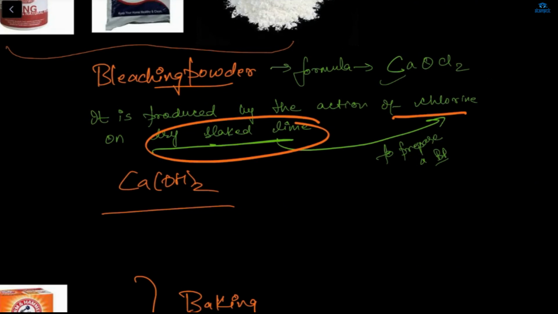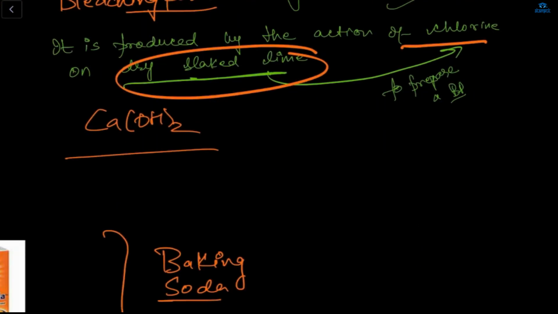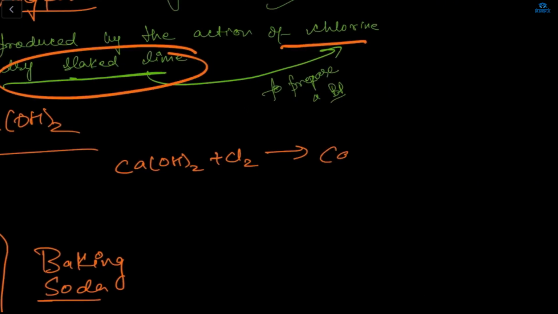Let's start. So you got this part, that it is produced by the action of chlorine on dry slaked lime. Now what is the reaction? See, we are writing, this is our dry slaked lime, Ca(OH)2, calcium hydroxide. When it reacts with chlorine gas, it produces CaOCl2 and water.